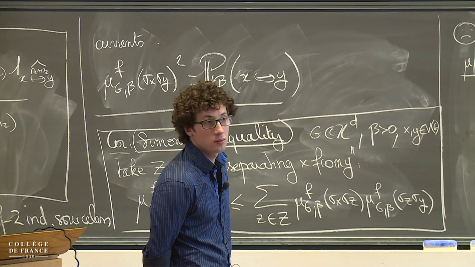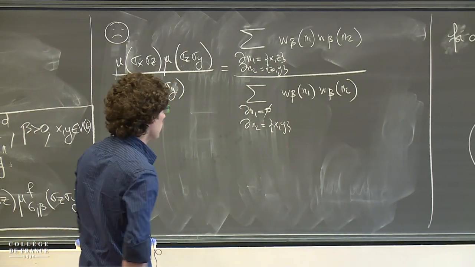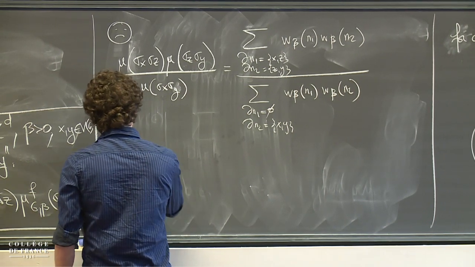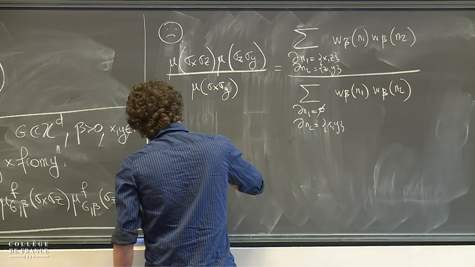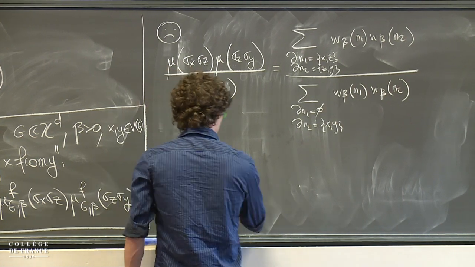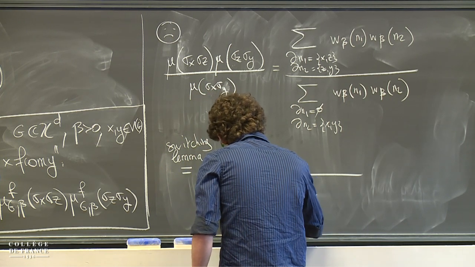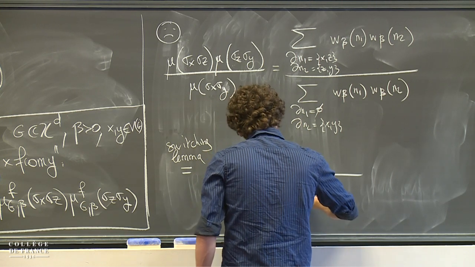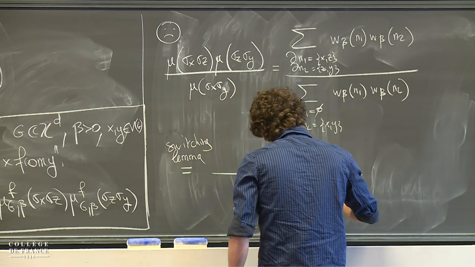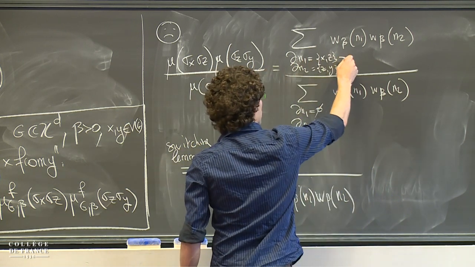Now I want to get the same sources at the top and at the bottom, so I'm just going to use the switching lemma to get still the same sources at the bottom. And at the top, I pass this source here.